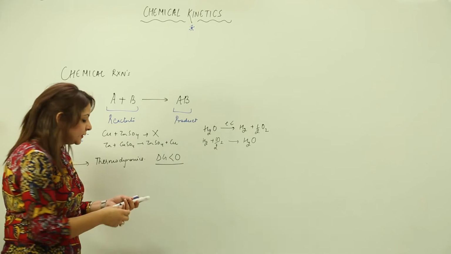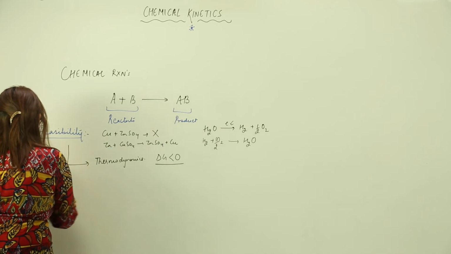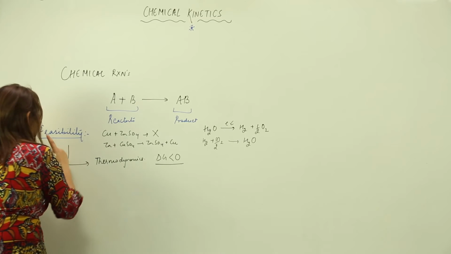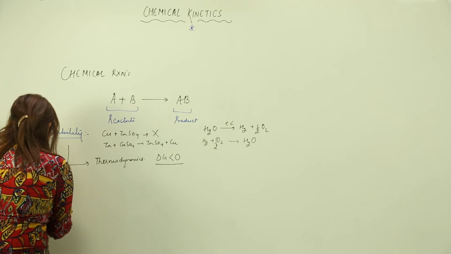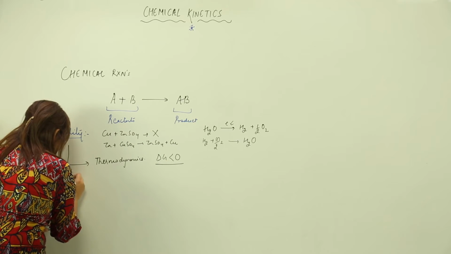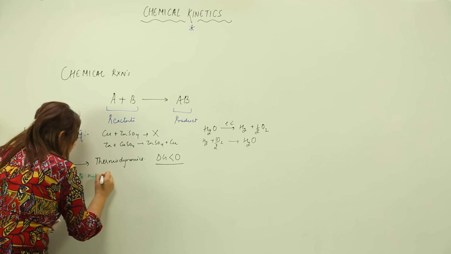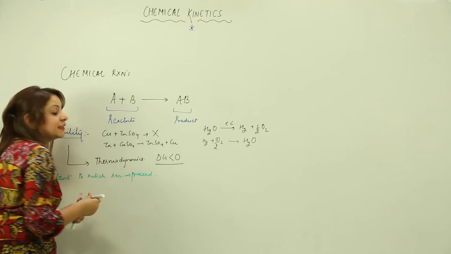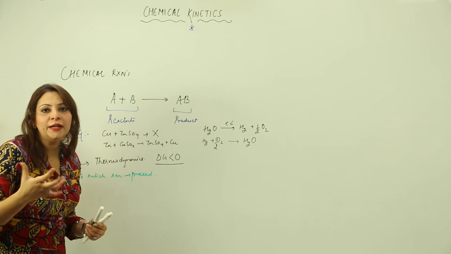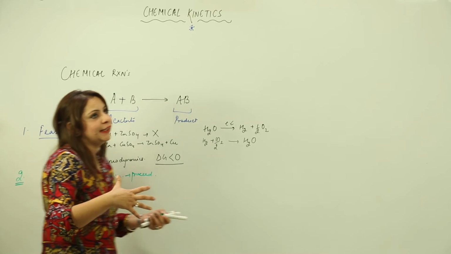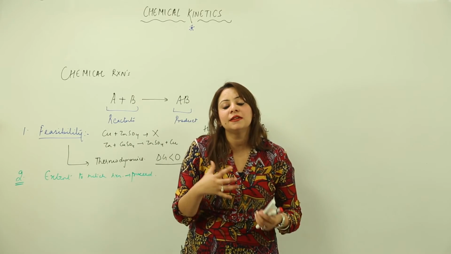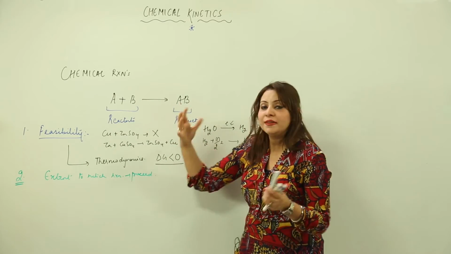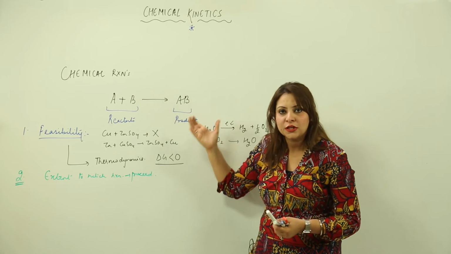Now the second major concern about a chemical reaction is the extent to which the reaction will proceed. If I say the extent, this means that obviously A and B are going to form the product AB.